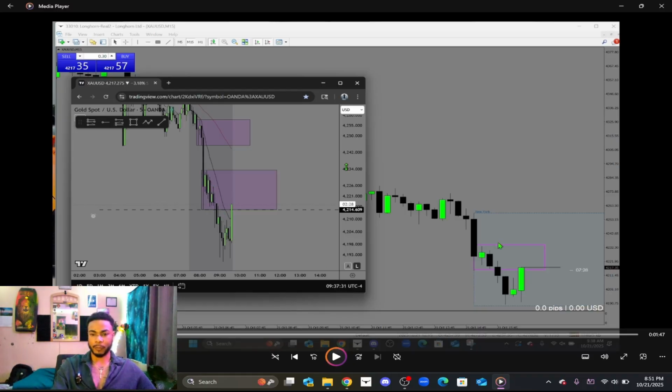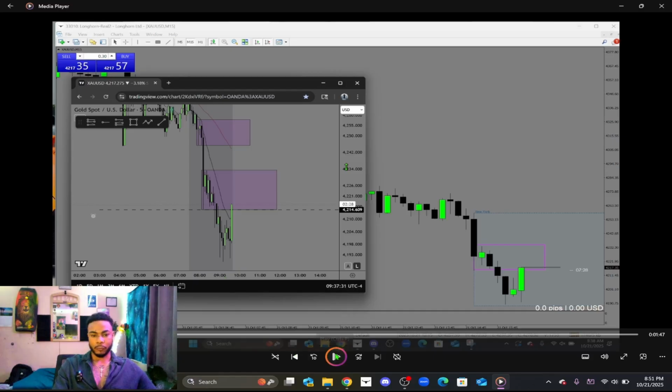So this is the 5-minute, this is the 15-minute. Right off the back, I see the zone. Price came back up, tapped my zone, and once it did, I sent that out to the group. So everybody else in the group could potentially get ready for the trade, whoever was up and active during that time, and make some money with me, or just take a risk and see if we make some money.